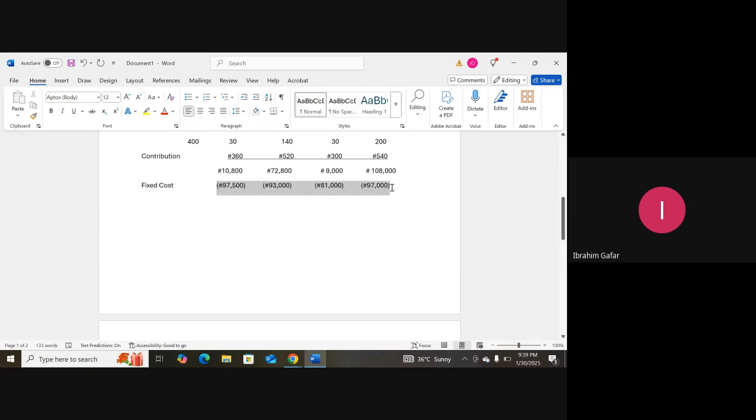for each line? For A, is it profit or loss? If it is loss, definitely it will give you negative now. Yes, sir. Is it loss? Yeah, A is a loss.